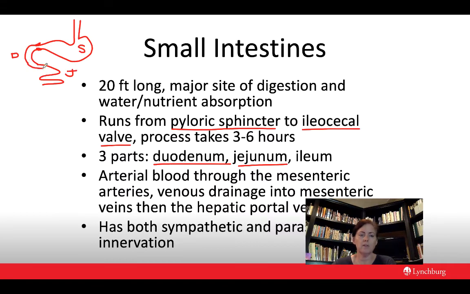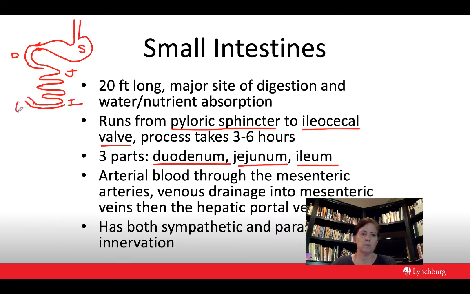And then the third part of our small intestines is going to be the ileum. So if we continue along, we're going to end up with the ileum, which is going to be our most distal part of the small intestines. And what we have at the end of the ileum here is another sphincter. In this case, we call it a valve, but it does the same thing because it's going to control flow going from ileum into cecum, which is the beginning part of the large intestines.